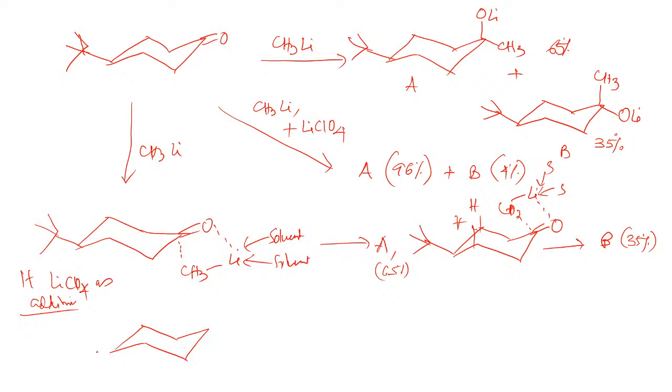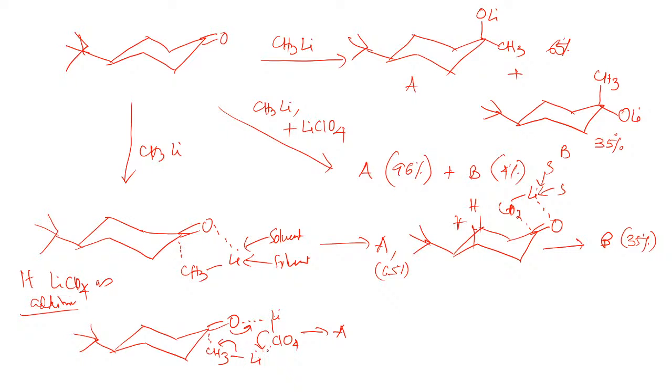So the size... and here you can see this 6-membered transition state is formed: oxygen, lithium, chlorate, and this is methyl lithium.